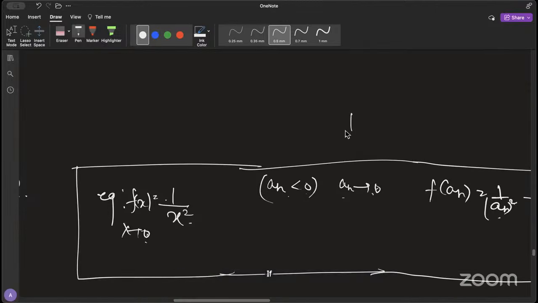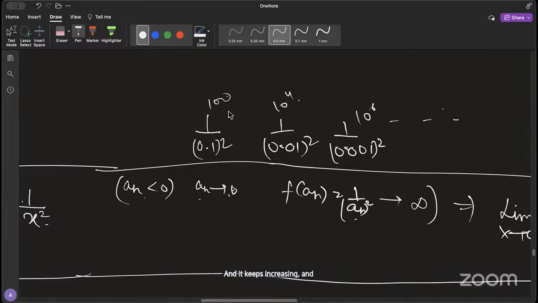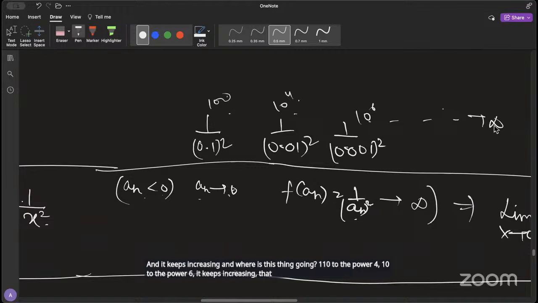If you have 0.1 square, 0.01 square, 0.001 square, you'll see this will be 100, this will be 10 to the power 4, this will be 10 to the power 6, and it keeps increasing. That means it's going to infinity, right?